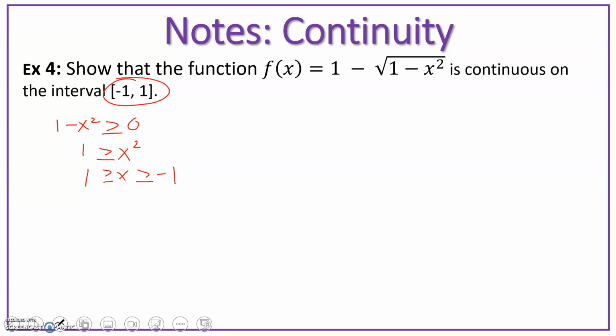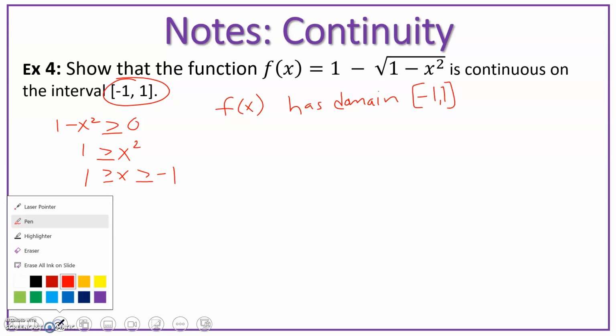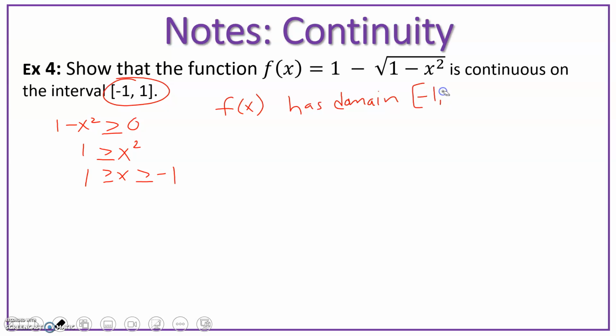So we know that this function is fully defined from negative 1 to 1. So f of x has domain negative 1 to 1, so it is defined on negative 1 to 1.